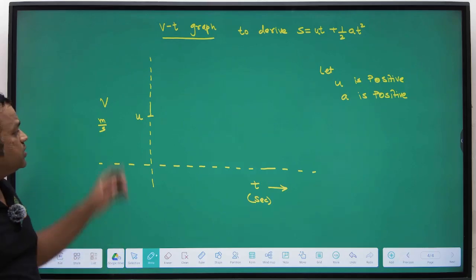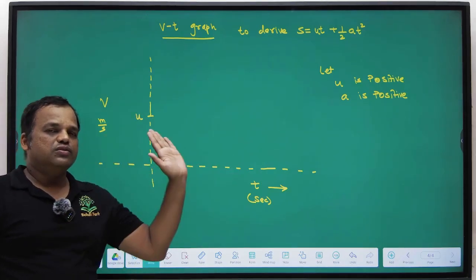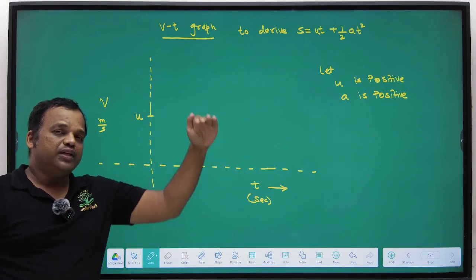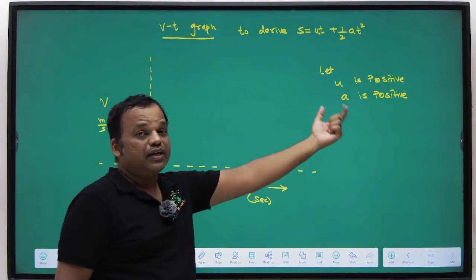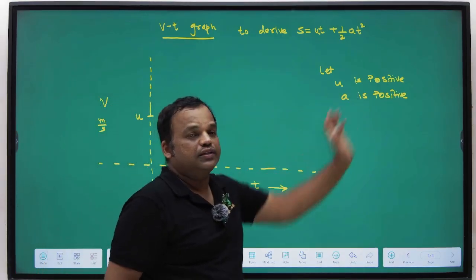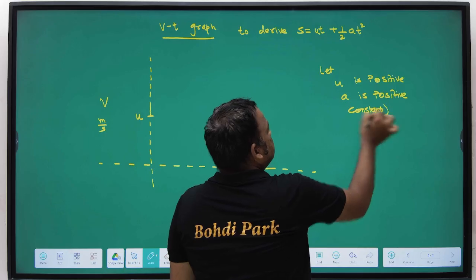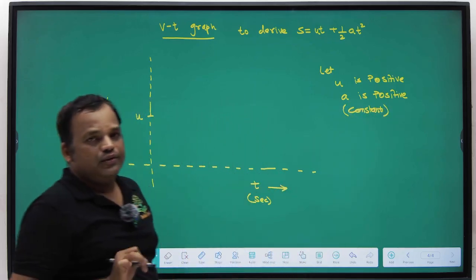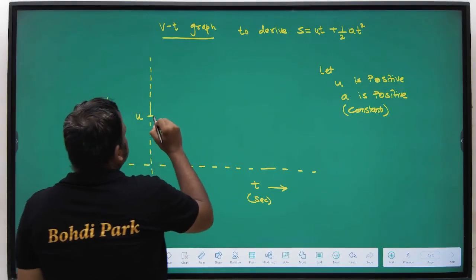So initial velocity is positive, means the particle is going rightward, and acceleration is also rightward. So the velocity will increase linearly. Why? Because acceleration is constant. It is understood in this topic that acceleration is constant, it is uniform acceleration. So we will have the graph like this.